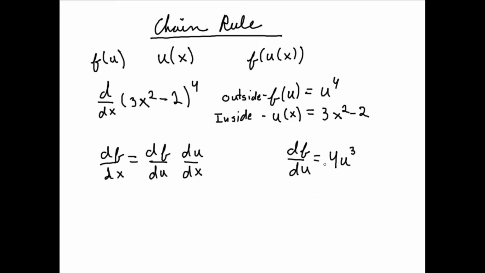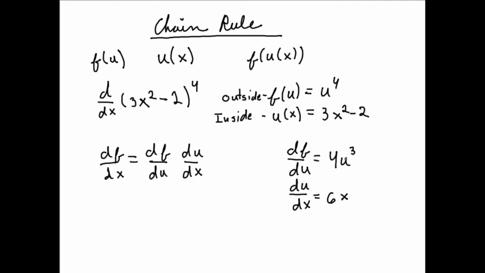And then let's say I want to take the derivative of u with respect to x, and that's another straightforward derivative of a polynomial expression. So du/dx, and that would just be, okay, so we start here, move the 2 in front, we get 6x, and then we would have 0 because the derivative of a constant is 0.